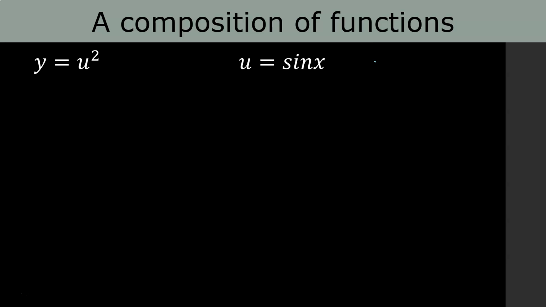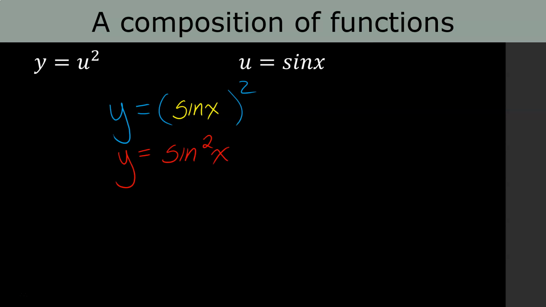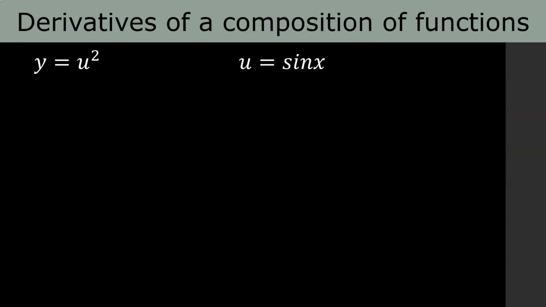So how would we compose some function squared if that function is sine? Well, I see that the squaring function is a little empty spot with things squared. What are we squaring? We're squaring sine of x. You wouldn't normally see everything written that way. You would see y is sine squared of x, which does mean the sine function is squared. So how would we do derivatives?